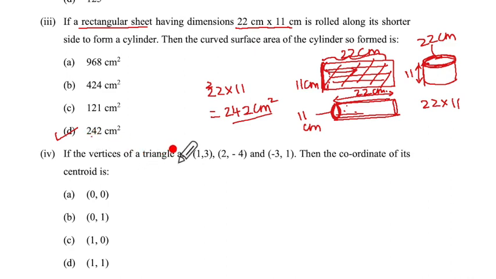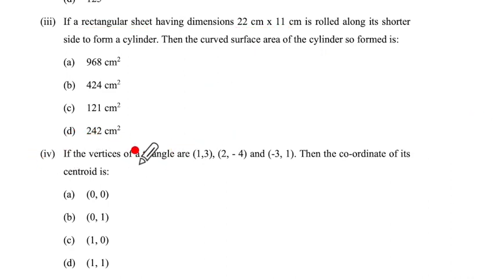Okay, so this is the correct option. Let us look at the fourth part. The vertices of a triangle are given this way. The coordinates of the centroid: remember, centroid is represented by G, and it is x1 plus x2 plus x3 upon 3.